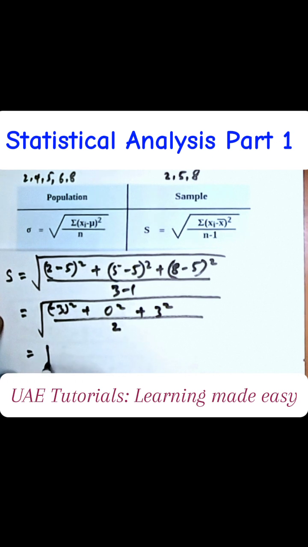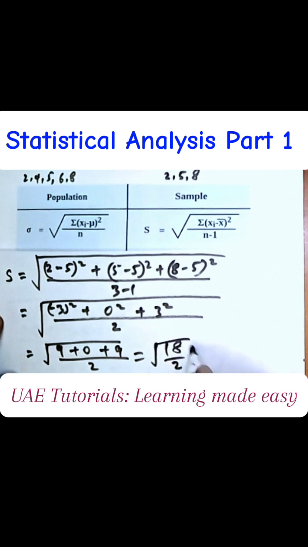So that gives us 3 squared is 9, minus 3 squared rather is 9, plus 0, plus another 9, all over 2. So 9 plus 9 is 18, all over 2. That equals root 9. And the square root of 9 equals 3.